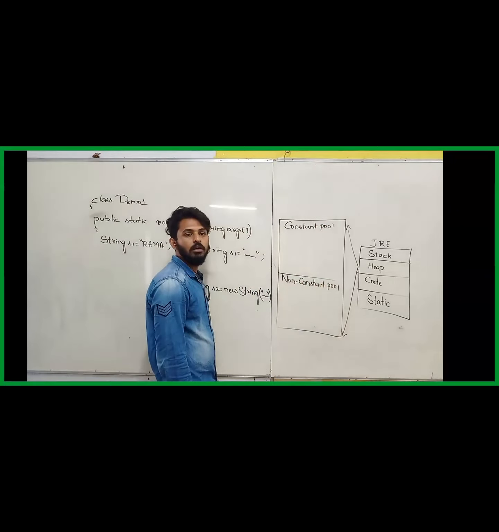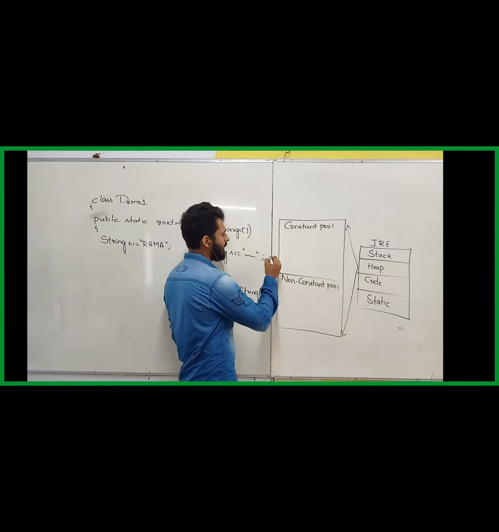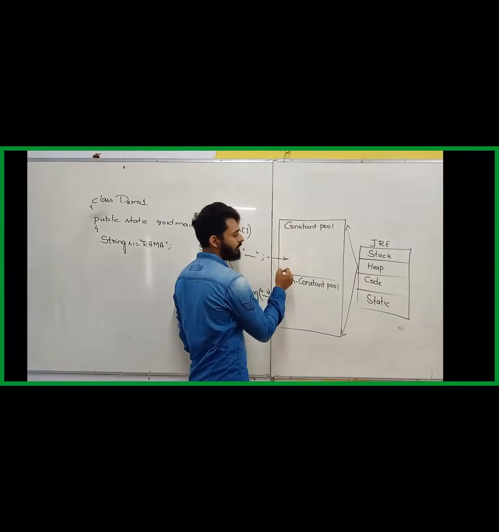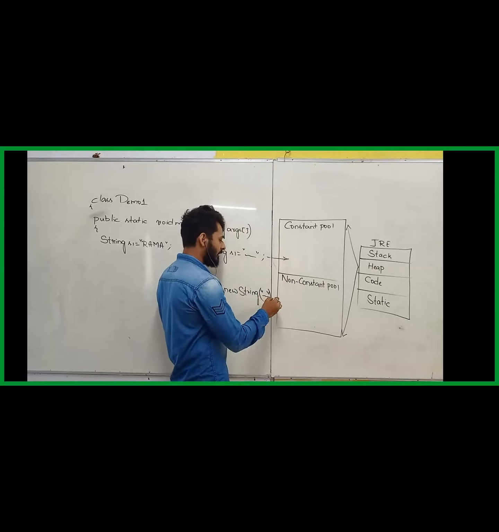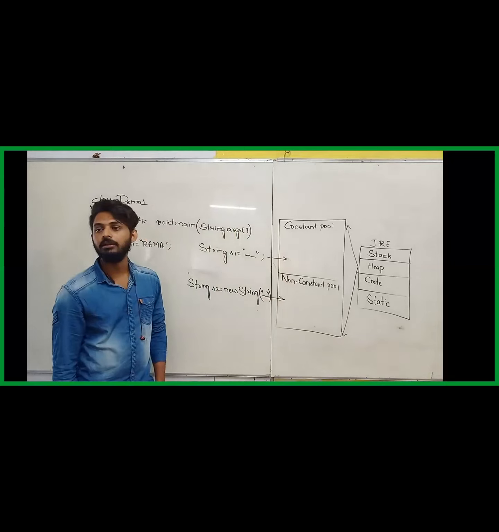Getting my point? If you create a string without the new keyword, it will get allocated in the constant pool. If you create a string using the new keyword, it will get allocated in the non-constant pool.